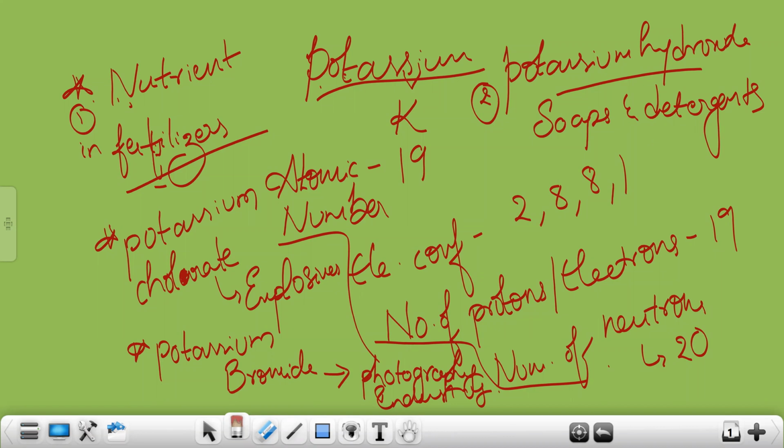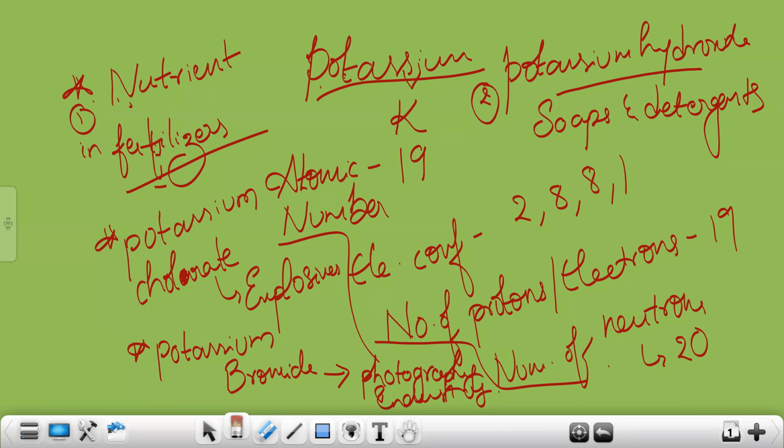In the innermost shell there were 2 electrons, in the next shell 8 electrons, in the third shell 8 electrons, and in the last shell only 1 electron. That is the reason it is written like 2, 8, 8, 1. How many electrons were there? 19 electrons. And how many neutrons? 20 neutrons.